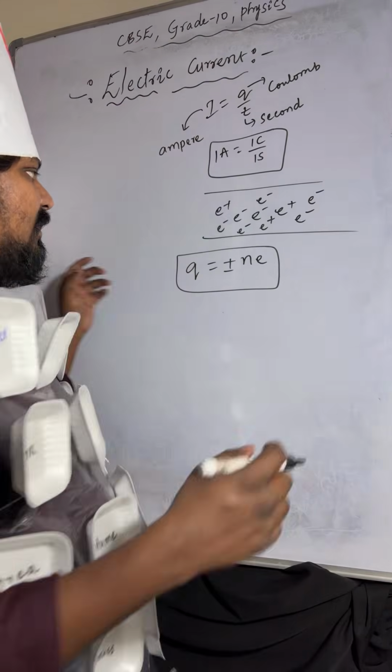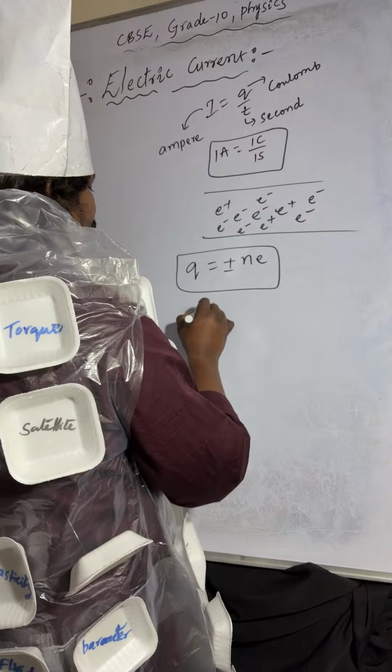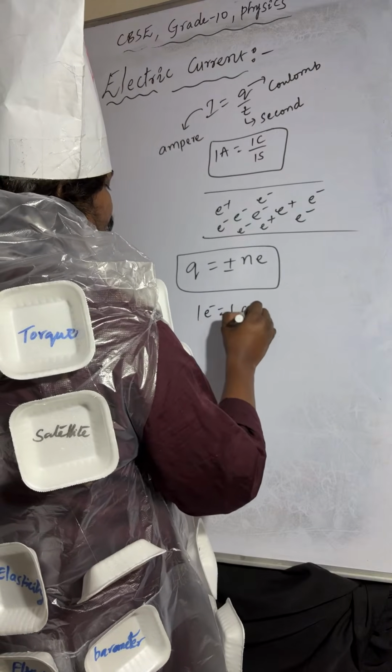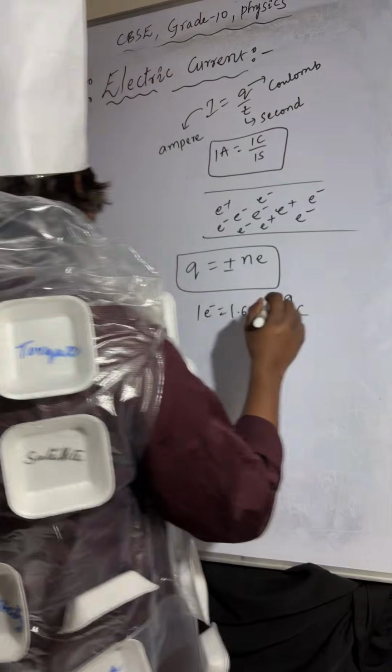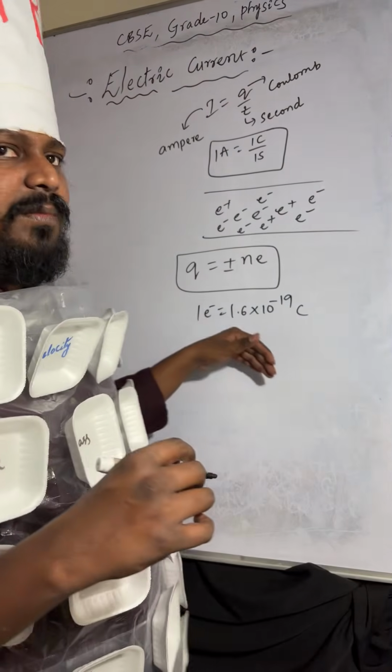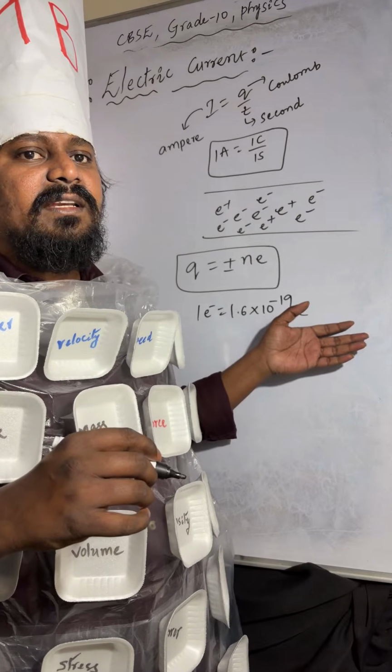Now you can see here, on one electron the charge is 1.6 into 10 power minus 19 coulomb.